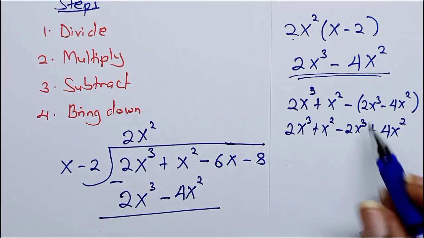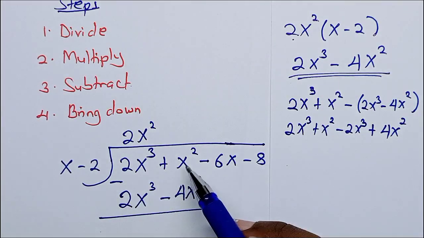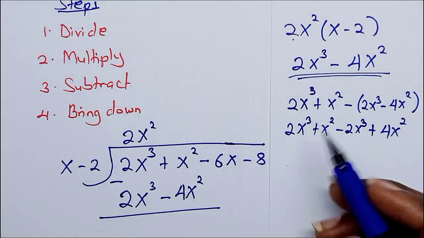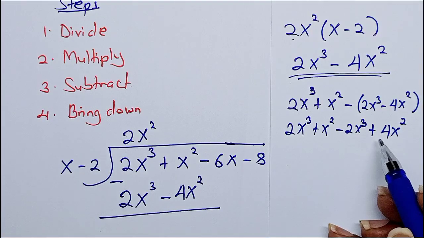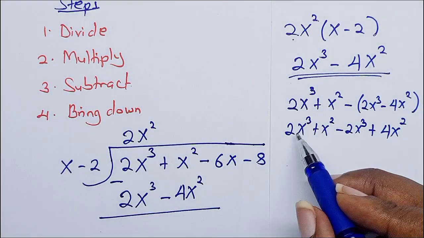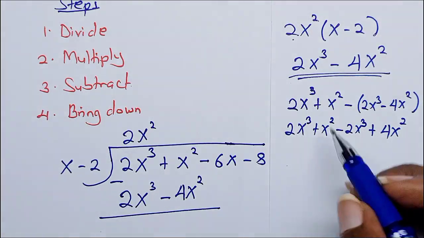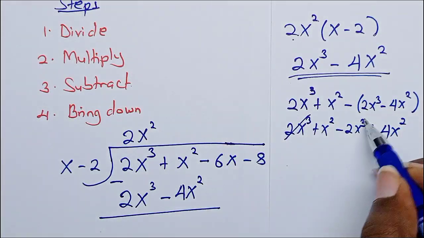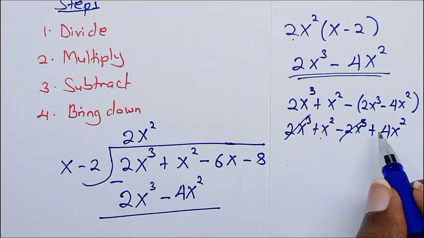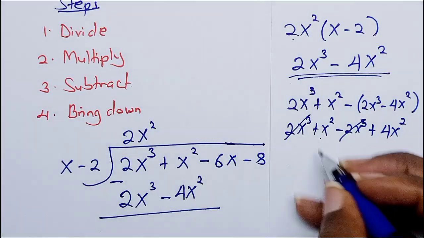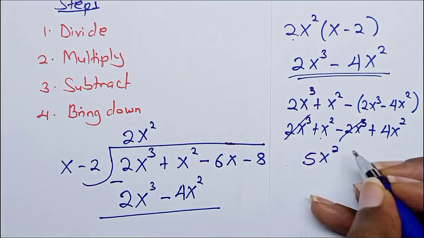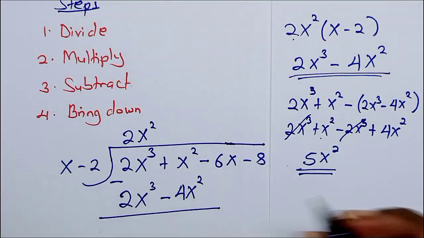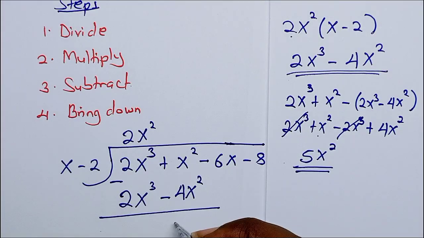It's easier to write it here because you can easily see. If you just do it direct from here, you might mix up the signs or you might miss something. When you write it down like this, you clearly see what you're working with. So you have 2x cubed minus 2x cubed, this cancels out. So you have x squared plus 4x squared, which is 5x squared. So now this is the answer you've got after subtracting. So you write it below here.